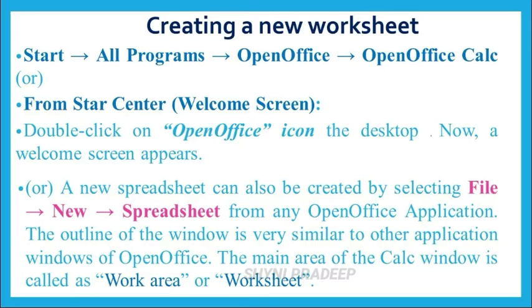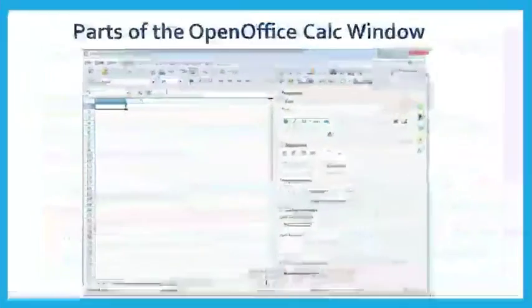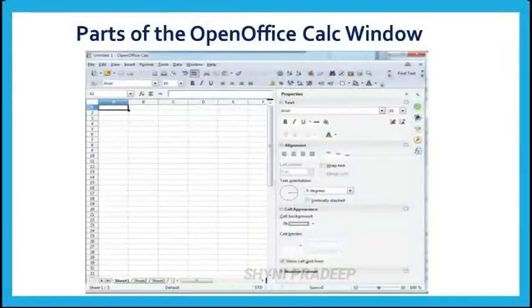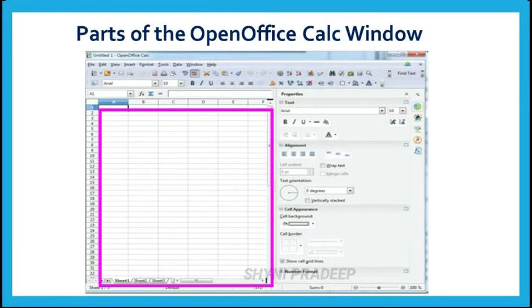And the second way is from Start Center: double click on the OpenOffice icon on the desktop. The opening screen is called Start Center. If you want to create a new spreadsheet, click on the File menu and select the New Spreadsheet option. See here, this is the spreadsheet. This is the work area, or you can call it a worksheet.